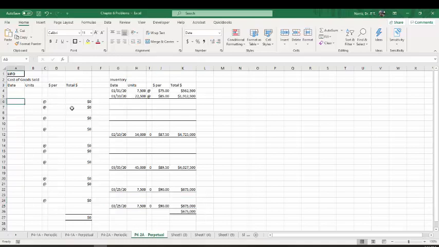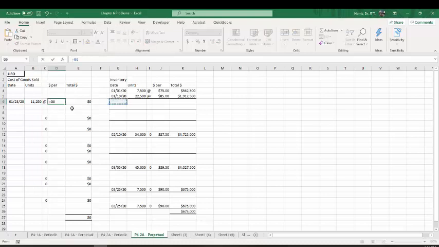So on the first sale of January 28th, we're selling 11,250, and that 11,250 is going to come completely out of the purchase from January 10th at $85 per.